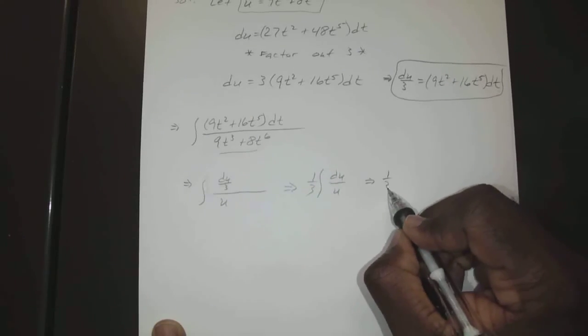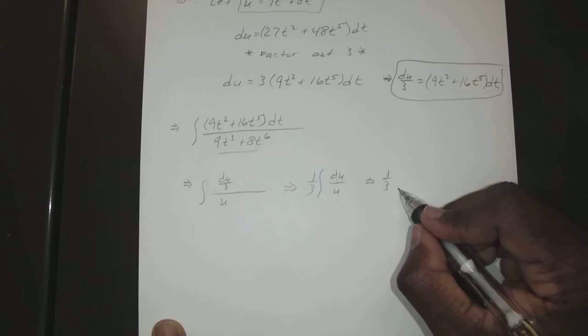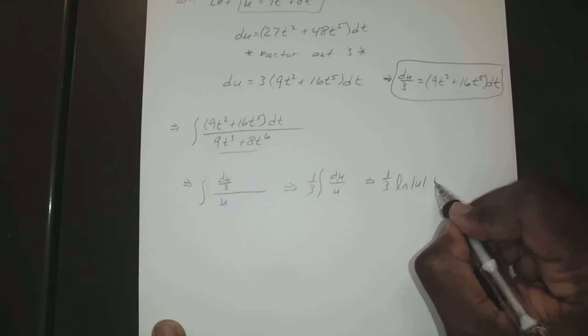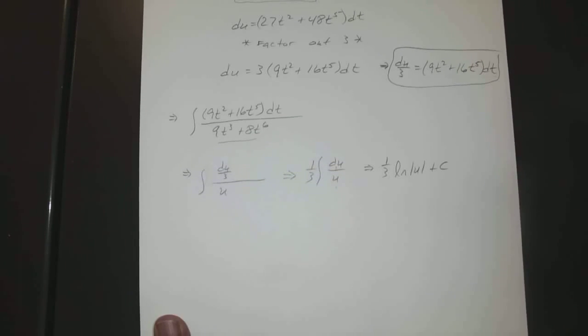Okay, so you have 1/3 du over u, which is natural log of the absolute value of u plus c. All we have to do now is just replace our u.